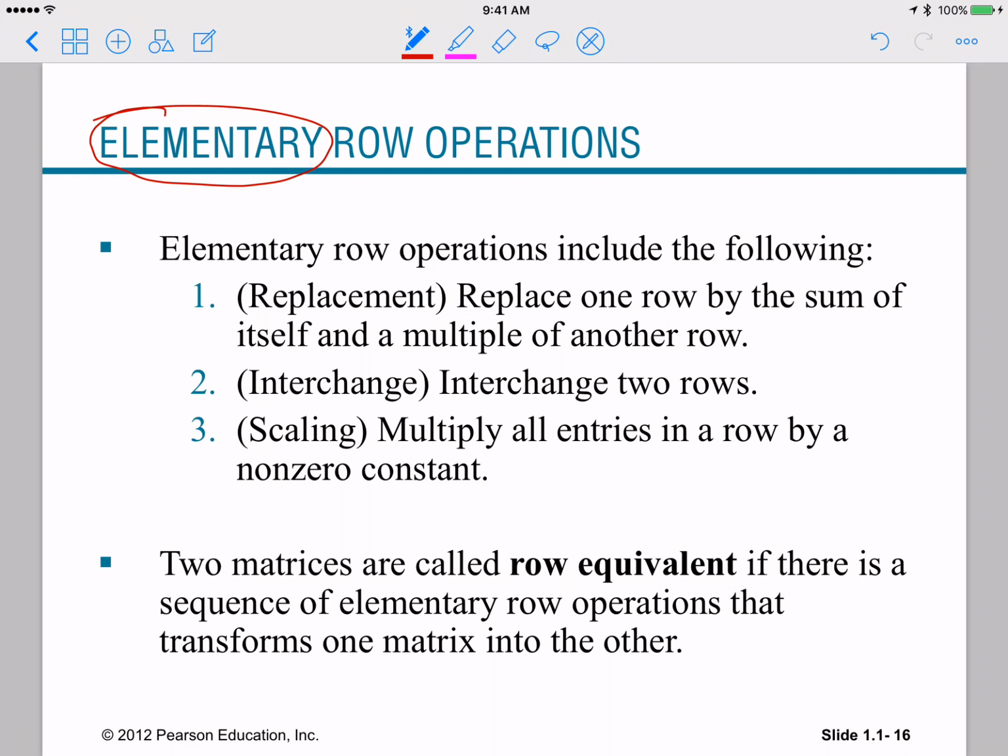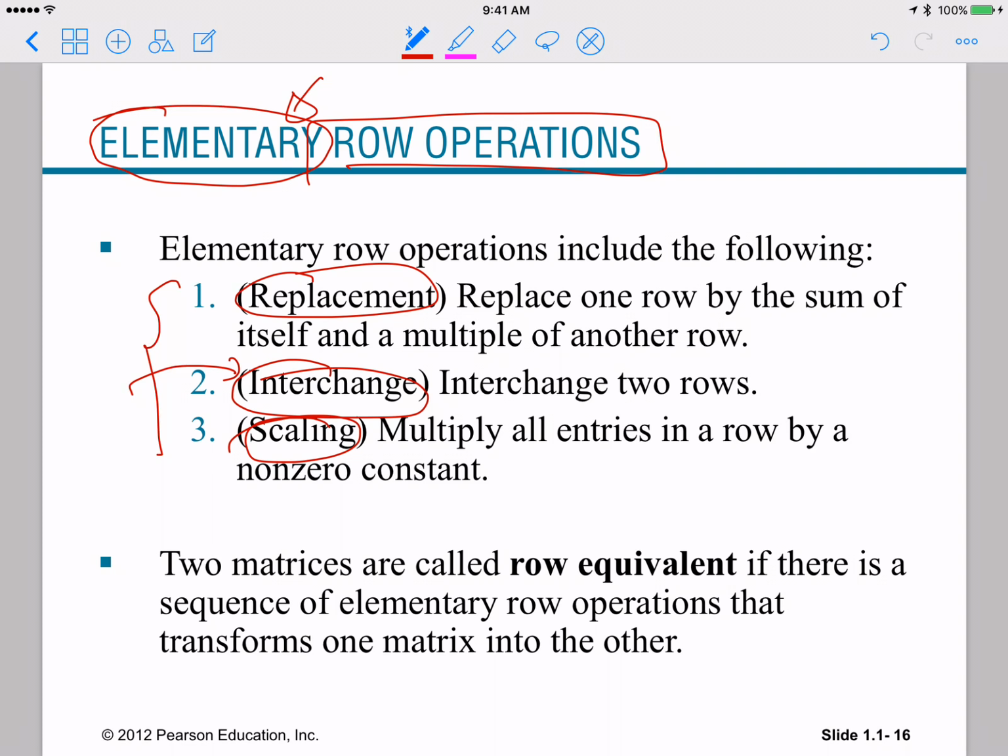Again, we learned three different types of operation, and they were all done with respect to rows. The first operation is replacement, the second one is the scaling that we did, and the last one was this interchange. So we pick just two equations and change their orders. So these three are called the elementary row operations.